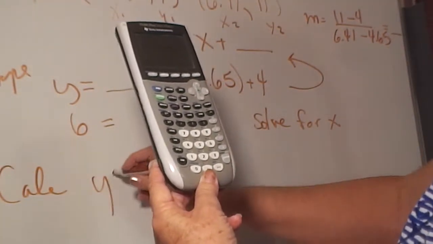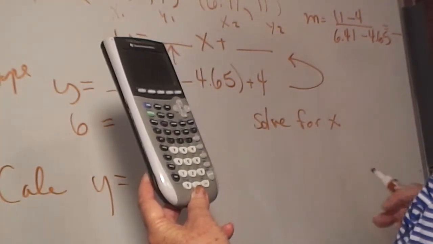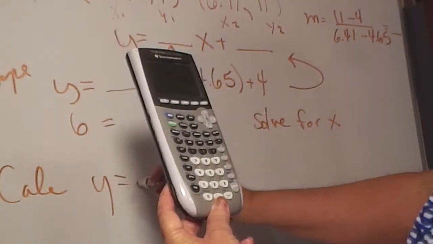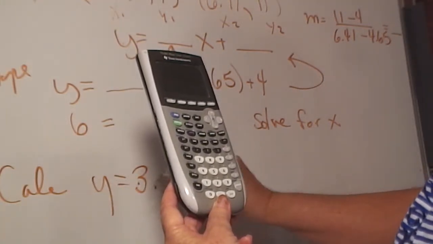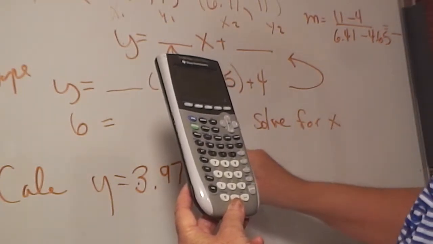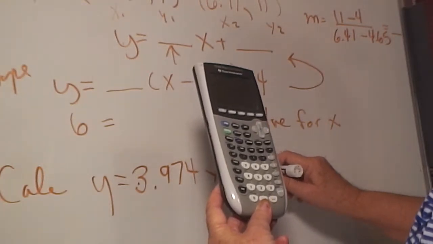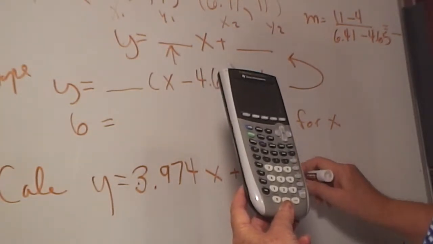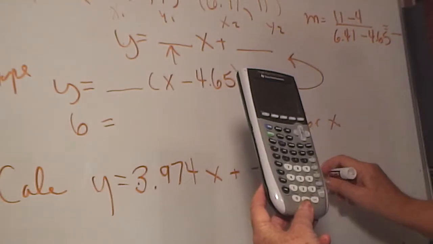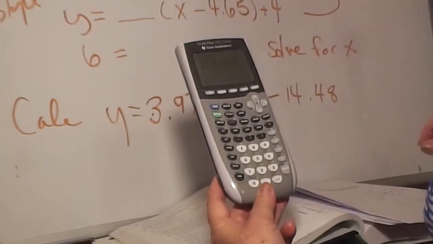It is y equals 3.97, let's just go with 4x plus negative 14.48.